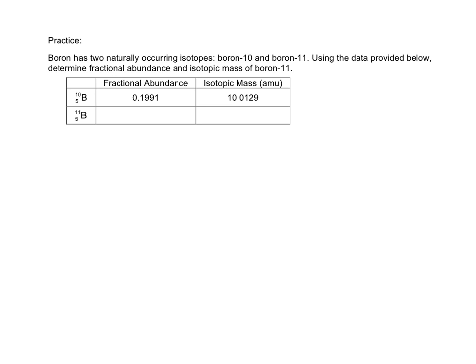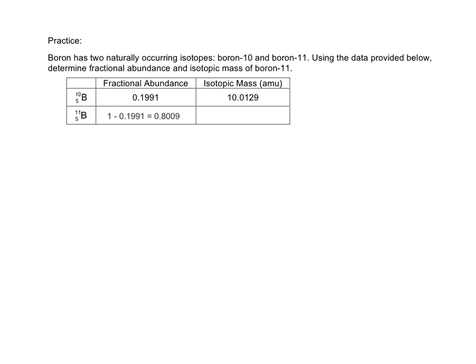So we're going to use just a little bit of common sense and then also the equation we just used in the previous problem. So if there's only two isotopes and one of the isotopes is 0.1991, then the fractional abundance of the other one has to be one minus that number. So that would be 0.8009 for the fractional abundance for boron 11.